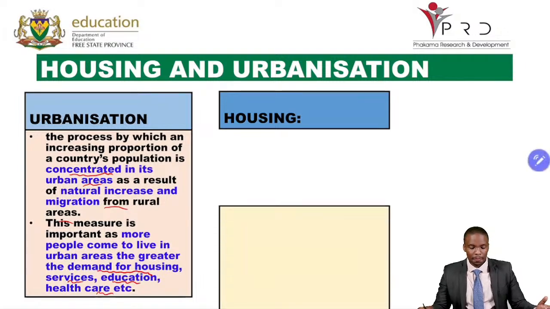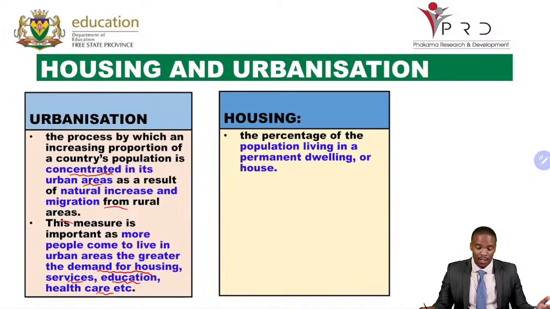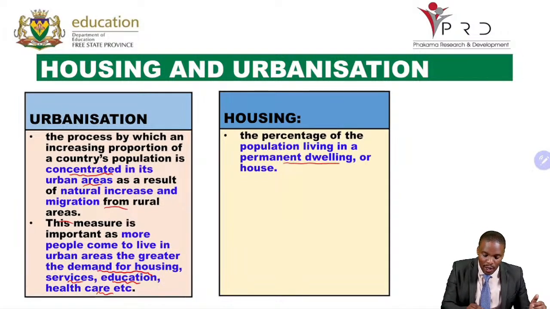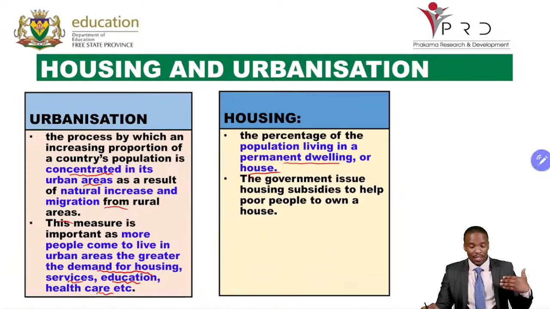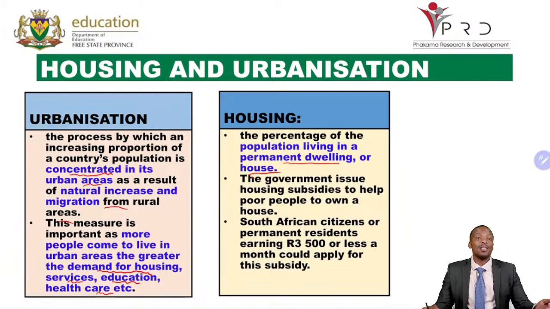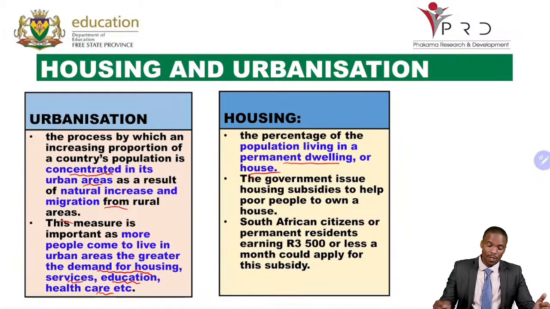Okay. And then the issue of housing, we looked at the percentage of the population that lives in permanent dwellings, where we said those that cannot afford, government should subsidize. The government issues housing subsidies to help the poor to own a house.